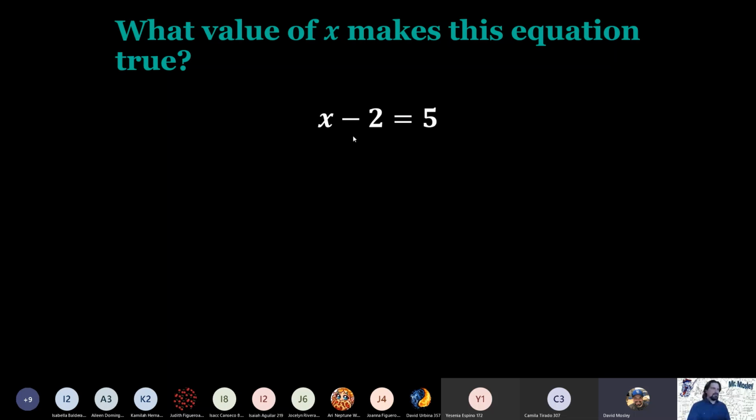And we can see that in fact, if we put 7 where x is, we subtract 2, we will get 5. So we see that the solution to this equation is x equals 7.